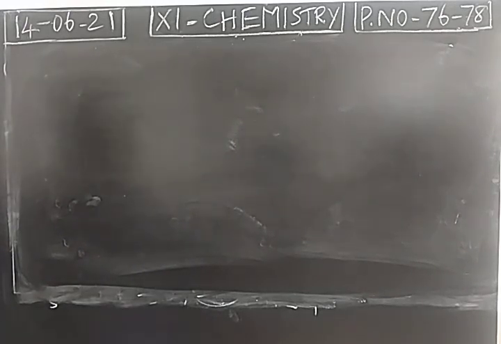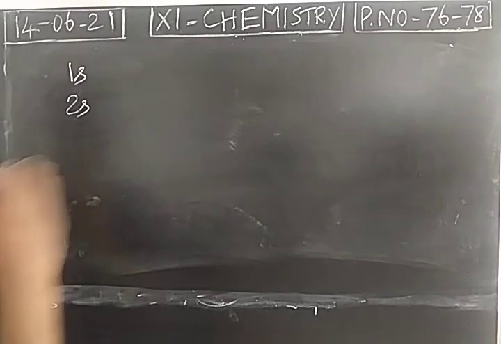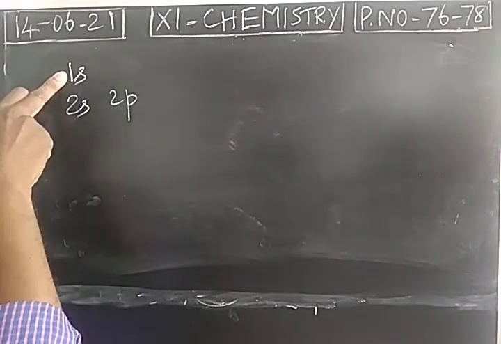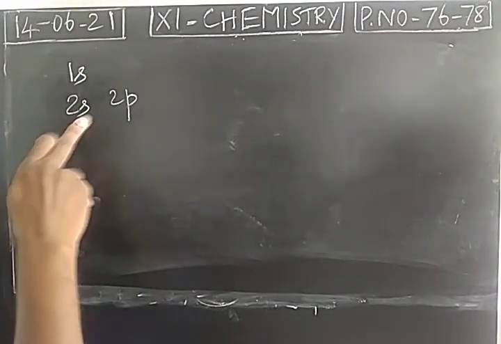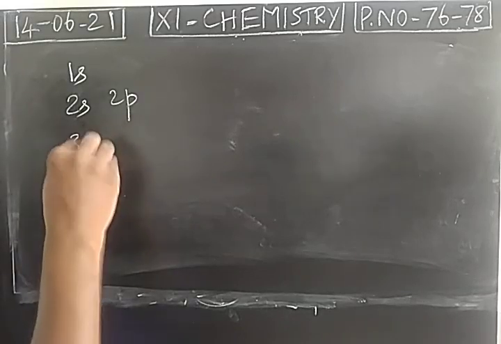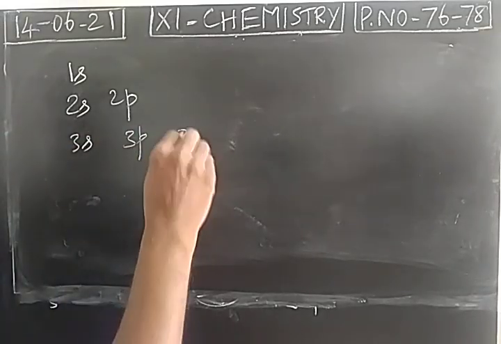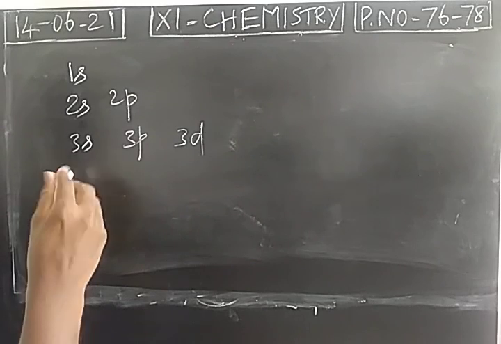And a diagram is given in the Aufbau principle. It will be useful to find the correct order of energy of orbitals. You just remind that diagram. Let me explain the theory of Aufbau principle later. First shell will have only s orbital, second shell will have s and p orbitals, third shell will have s, p, d orbitals.